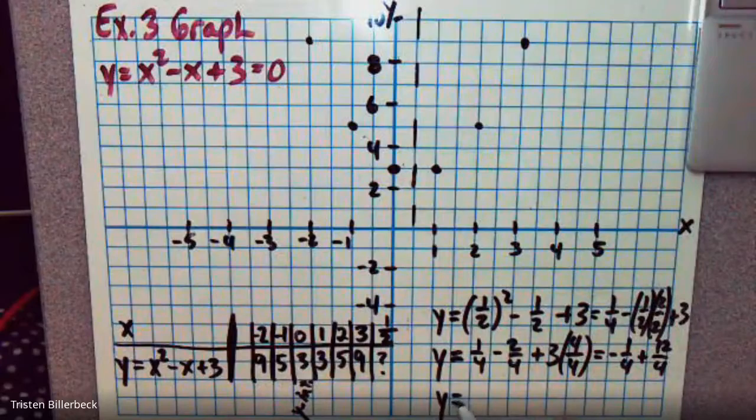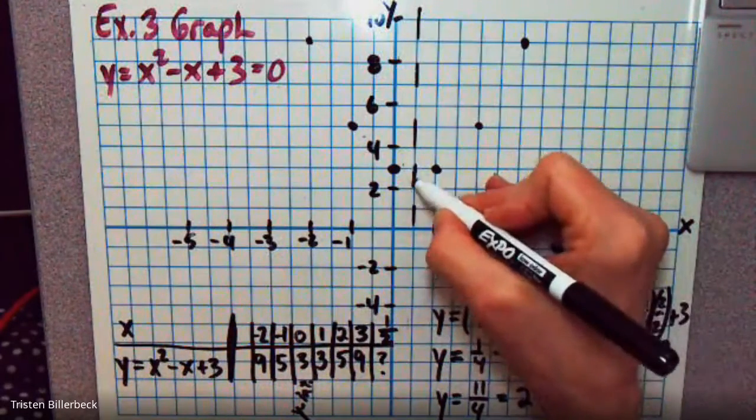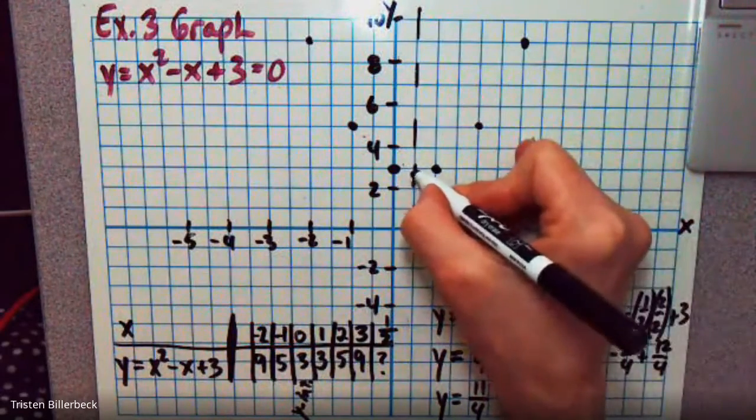So y is then going to be 11/4, which would give me 2 and 3/4. So at 2 and 3/4, oh, look at that. It was so close to 3.